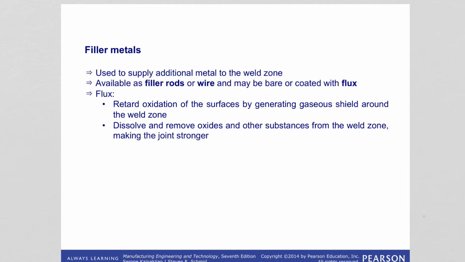Filler metals, there can be a slight gap exist between the pieces being joined. Therefore, a filler metal can be added in the form of a solid metal wire or rod. To promote the formation of a better bond, fluxes can be used, as you see here.